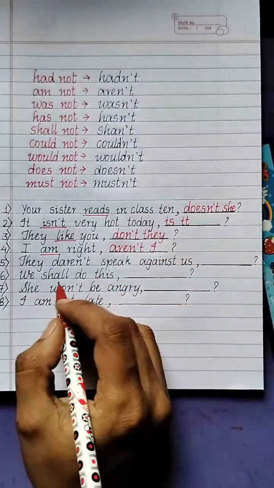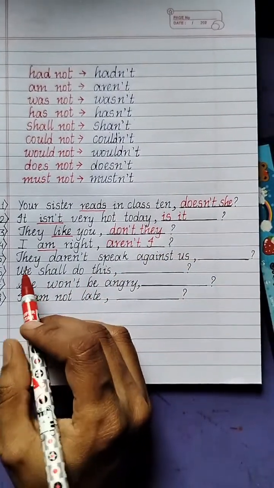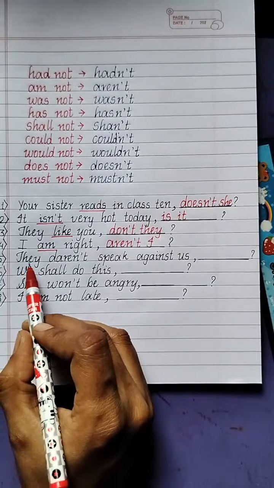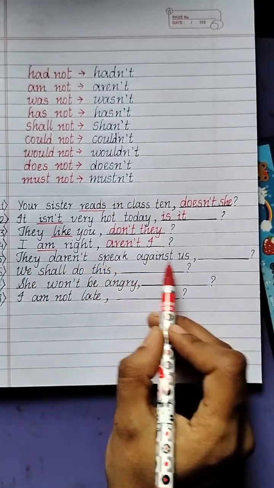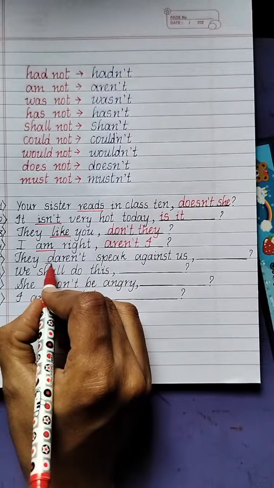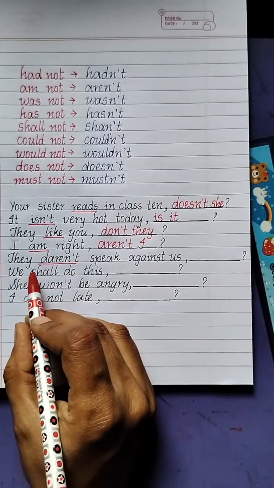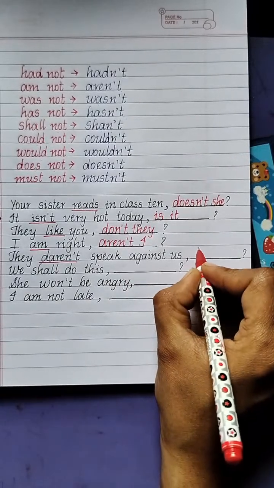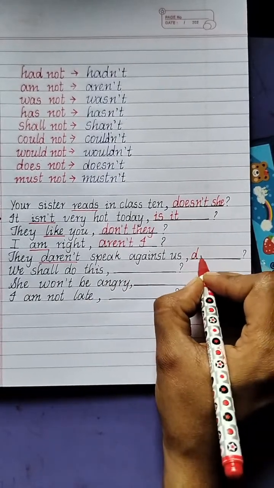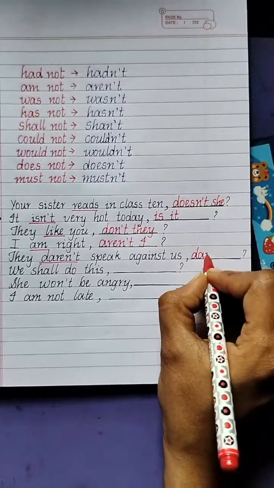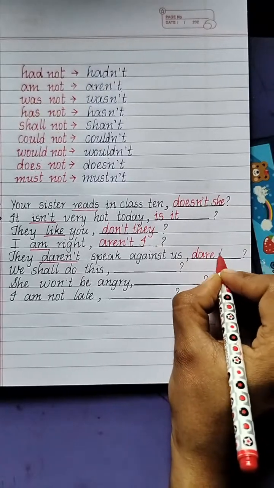Aren't I? Okay, number 5, they dare not speak against us. Dare is also an auxiliary verb, and you can see here the statement is negative, so let's form the tag in positive. Dare they?